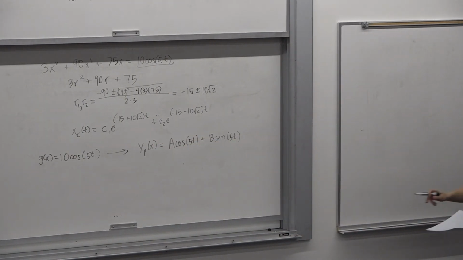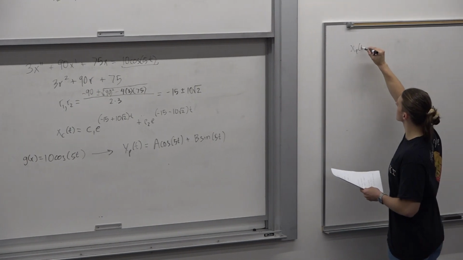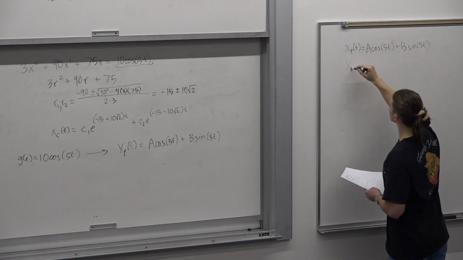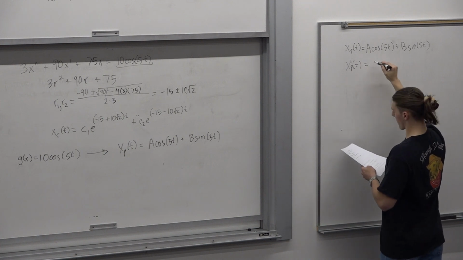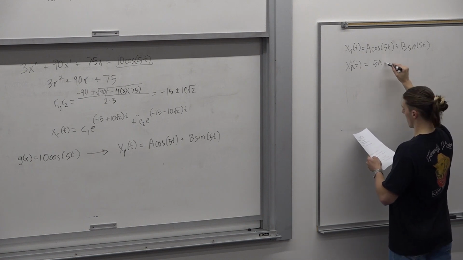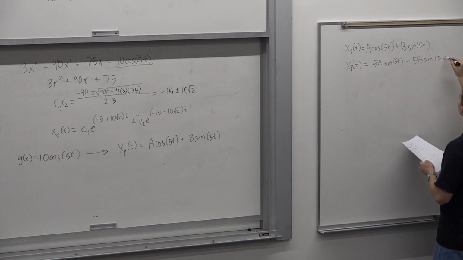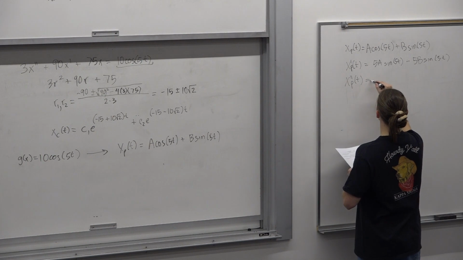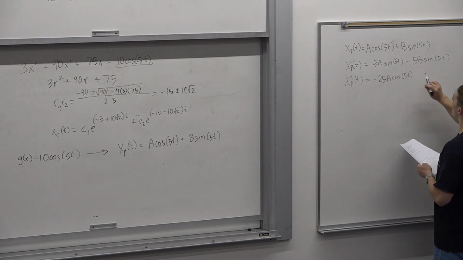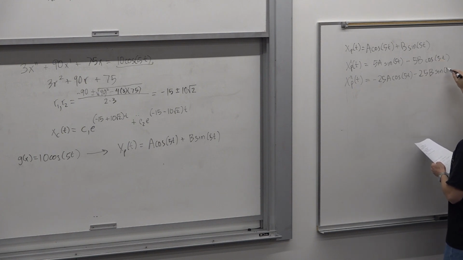So finally, we have our x(t) = a cos 5t + b sin 5t. Then x'(t) equals negative 5a sine 5t plus 5b cosine 5t, and x''(t) is negative 25a cosine 5t minus 25b sine 5t.